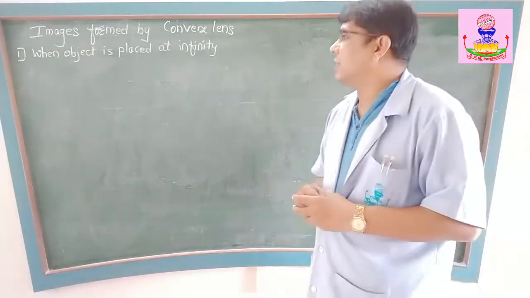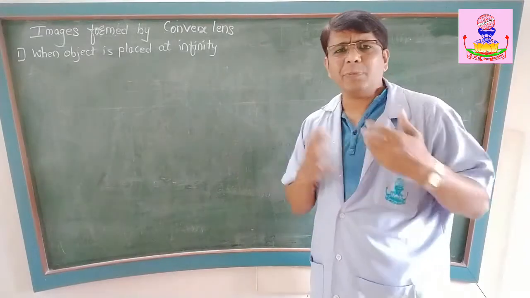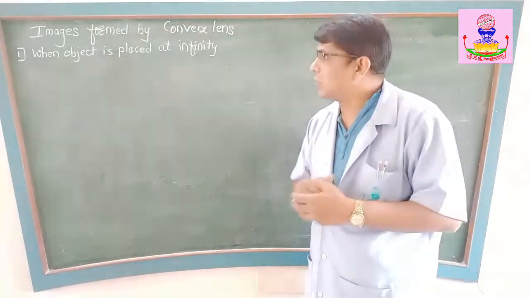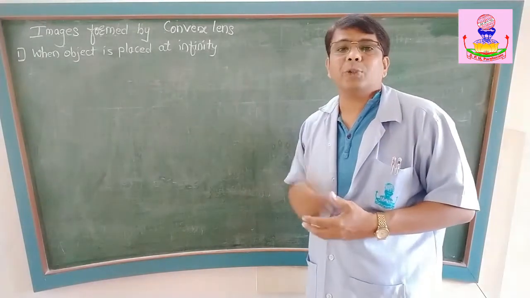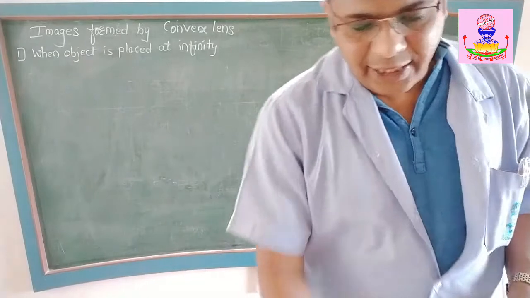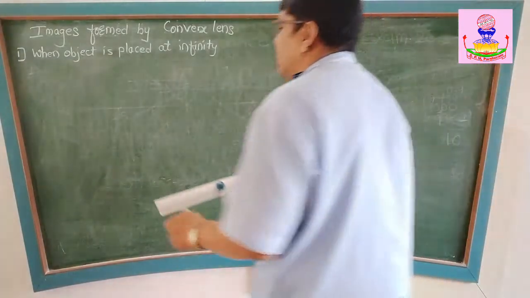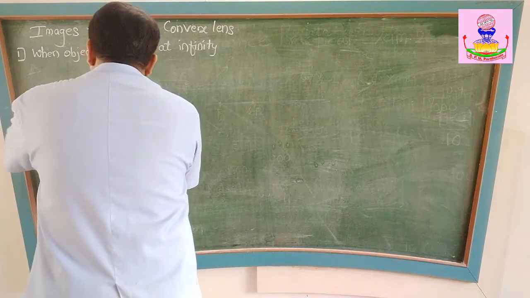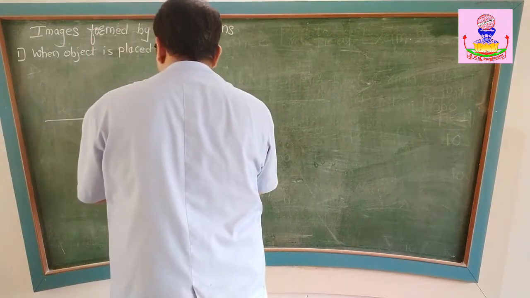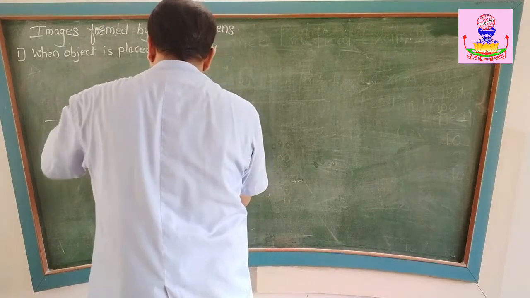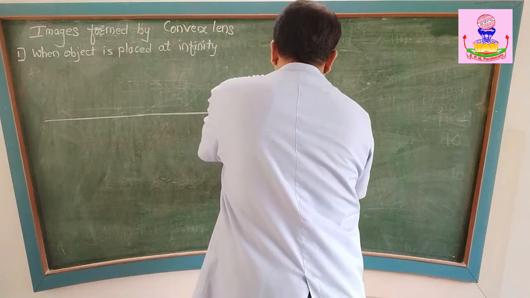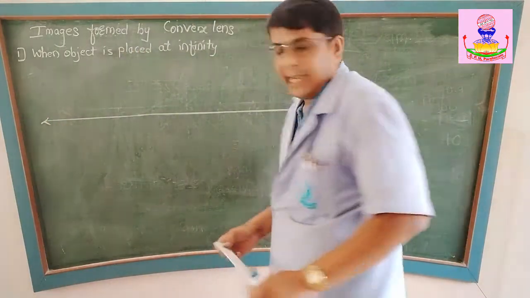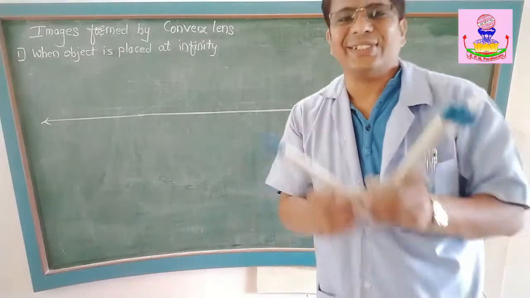Okay. So first, there are different positions of the object, and accordingly the image will be formed. The first position is when the object is placed at infinity. So first thing we are going to do is draw the lens. For that we will draw the principal axis as usual, and then we will take a certain distance on the compass.